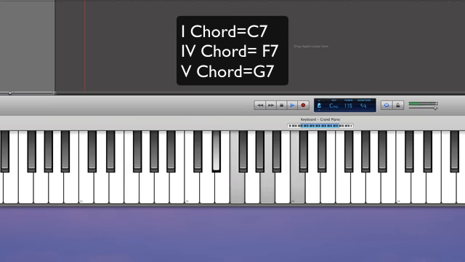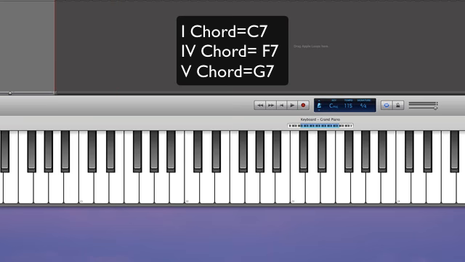Back to the 1 chord. Here's the 5 chord. There we go, and that's the full blues form approaching only from a half step below.